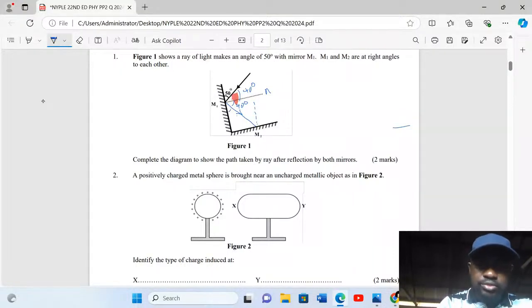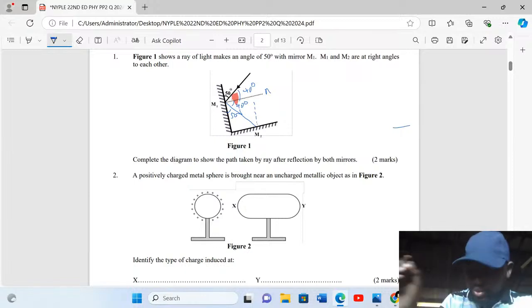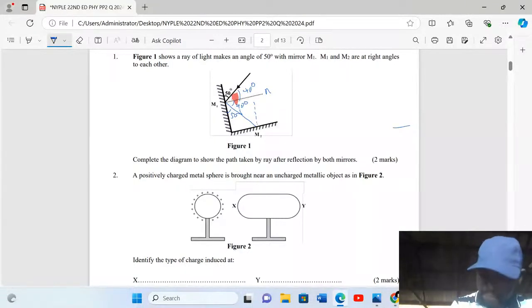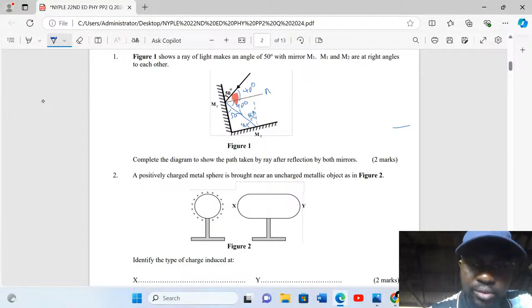This means that this one here will be at 40, then my incident angle here will be at 50, meaning that the reflected one will also be at 50 degrees.